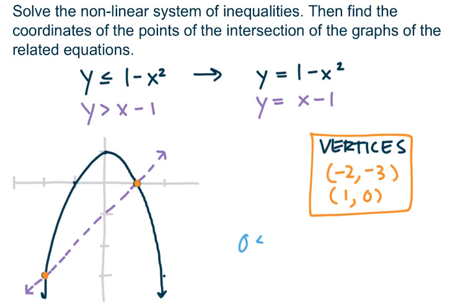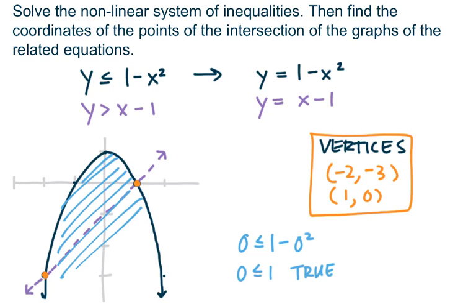So 0 less than or equal to 1 minus 0 squared. This simplifies to 0 is less than or equal to 1. Is this a true or a false statement? Of course, this is true. 0 is less than 1. So that means for the parabola, we're going to be shading below or inside, beneath that parabolic curve.